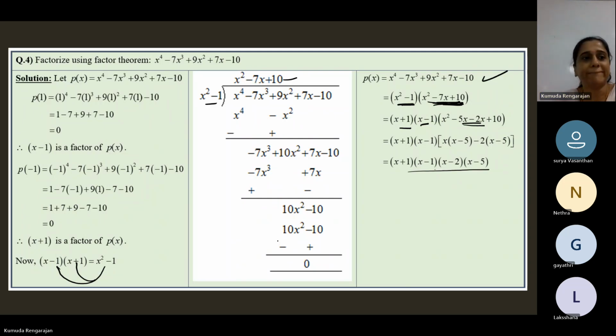So what's the procedure for factorizing a biquadratic polynomial? You'll have to find 2 factors. First, find them using synthetic division and then put them in this procedure.